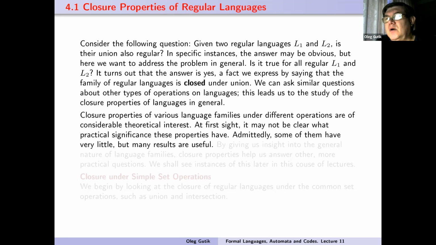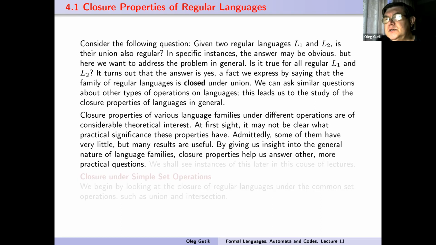Admittedly, some of them have very little, but many results are useful. By giving us insight into the general nature of language families, closure properties help us answer other more practical questions. We shall see instances of this later in this course of lectures.